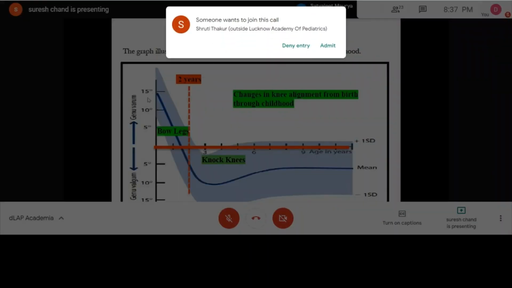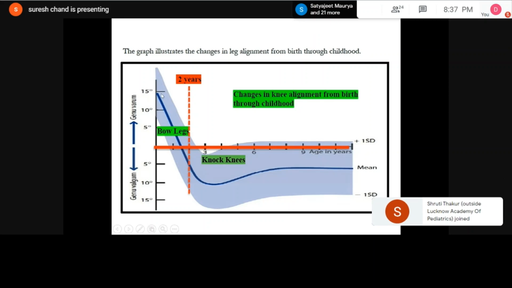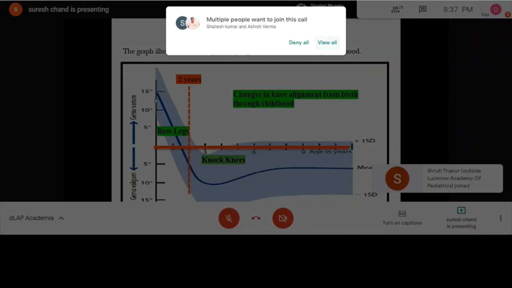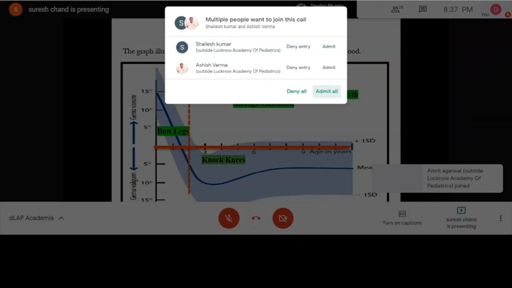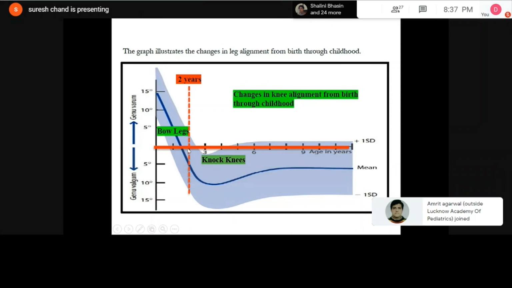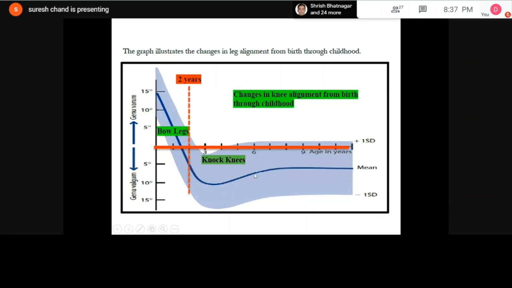Up to 15 degrees of varum is very common at birth. While the child grows and goes to around 18 months or 2 years, it crosses to the other side of the alignment. Then it becomes valgus, and it peaks around 4 to 5 years of age, and then comes back to normal, which is the normal limb alignment.